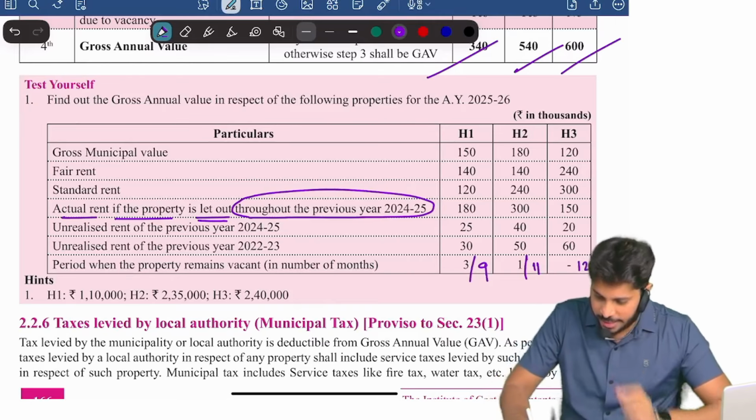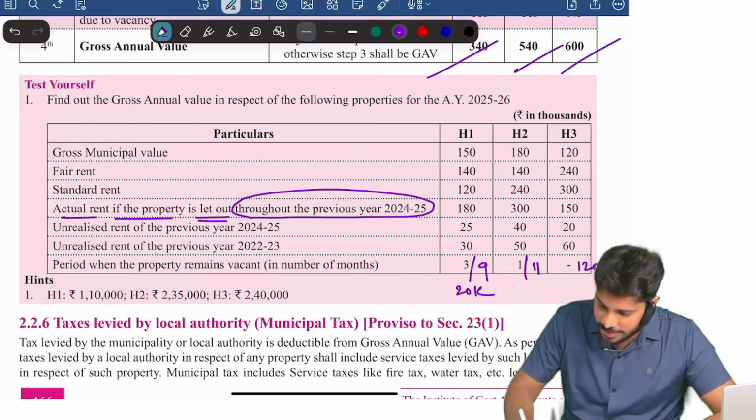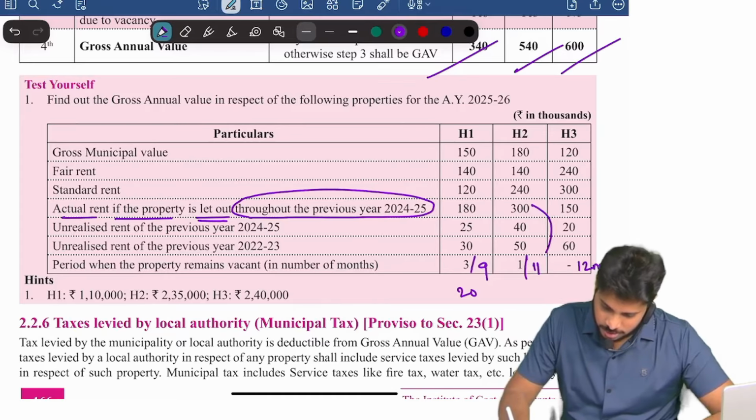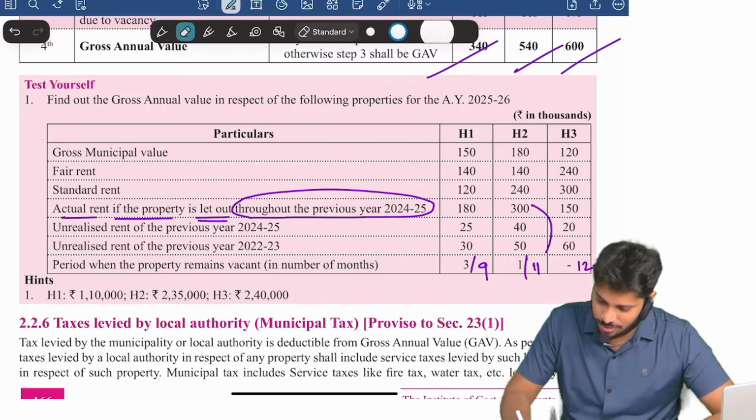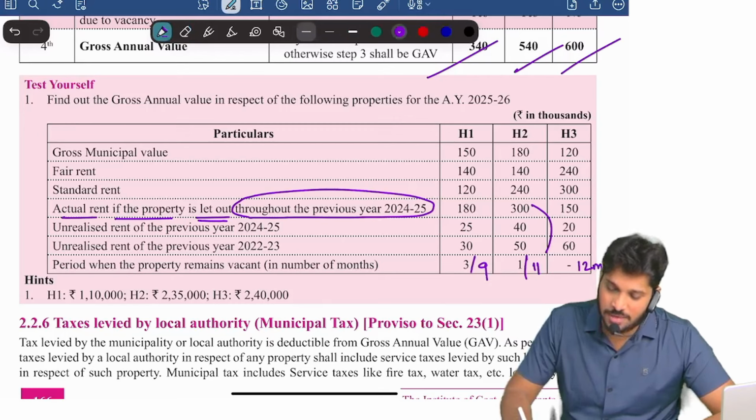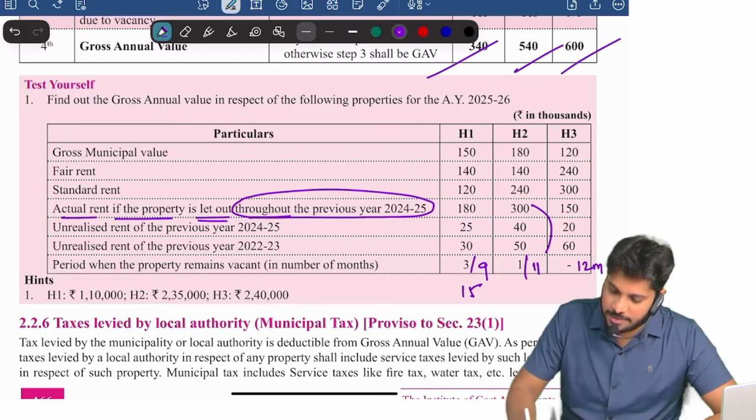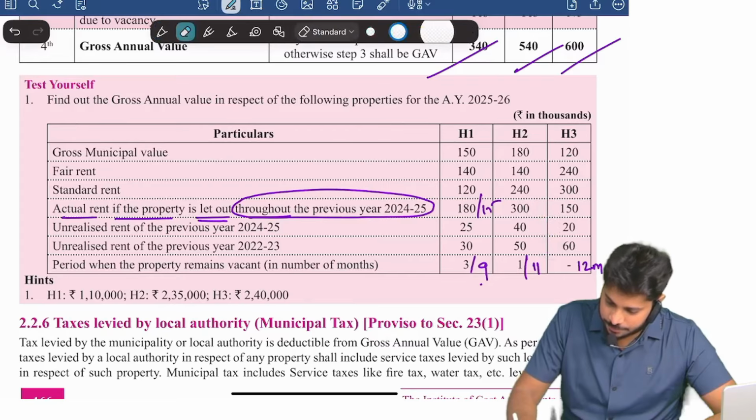Now 180 divided by 9, 20, correct? 300 divided by 11. Oh my god, no. 180 divided by 12, monthly rent 15. Okay? Actual rent throughout the period, here itself we can figure out. 15 monthly rent, correct?